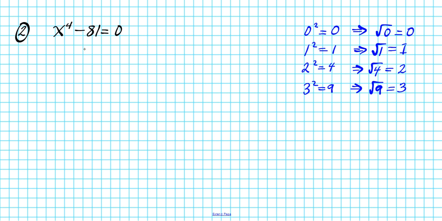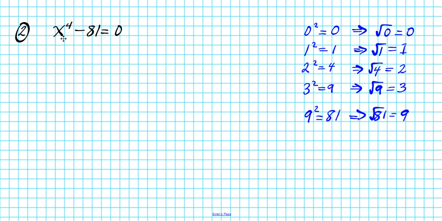We have a quartic binomial here, and we want to take a look at the two terms. Are these squares? 81 is clearly a square because if you multiply 9 by itself, what's 9 squared? 9 squared is 81. Which basically means that when you take the square root of 81, you end up with 9. So this is a square.